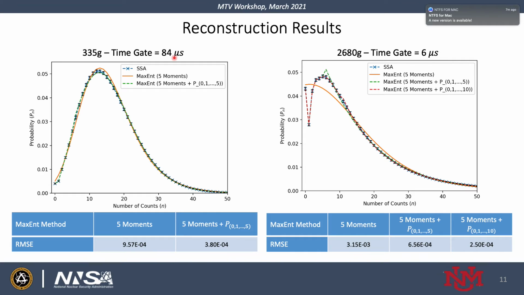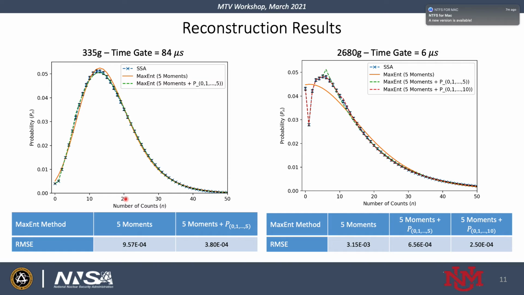So the standard deviation again is 1% here at the peak and about 15% at the tail. The plot shows that adding the discrete points as constraints increases the accuracy of the reconstruction. But the moments alone still do a very good job at capturing the distribution as well. You can see this from the table at the bottom by looking at the root mean square error. This is a scenario that we already knew the moment-only reconstruction method worked well for.